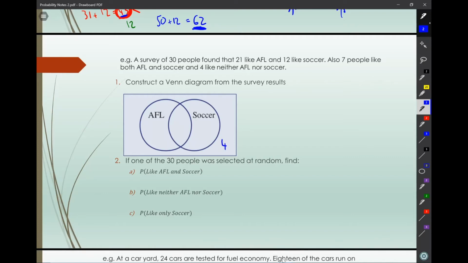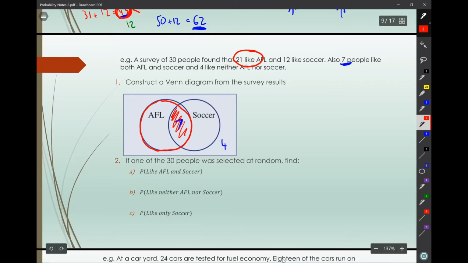The next step is to identify the crossover, people that like both. There are 7 people that go in here. Alright? Now, there are 21 people that like AFL, so we need to represent 21 people in our AFL circle. Okay, but that includes the whole circle, and we already have 7 people here in the middle.